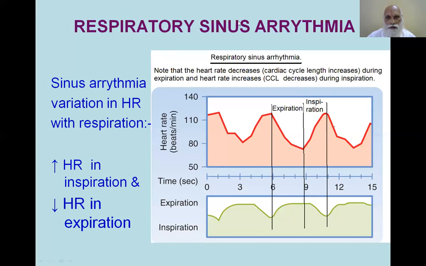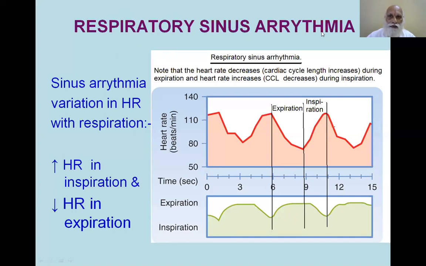Now, what is the sinus representing? This is representing the sinoatrial node, which is the pacemaker of the heart. Now, arrhythmia refers to abnormal rhythm or lack of regular rhythm. That means the rhythm is not the same through and through. It is varying. So then you call it arrhythmia.